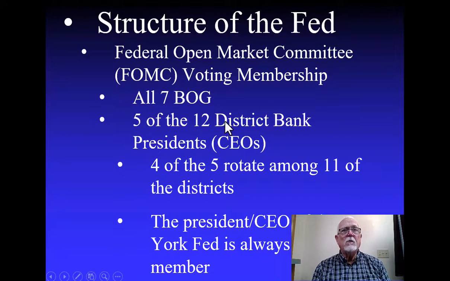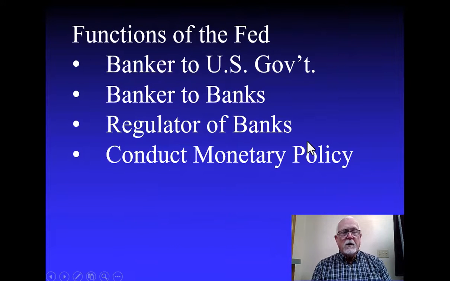One of them, the CEO and president of the New York Fed, is always on it because New York is the financial capital of the United States, if not the world, and so that's in their area. We'll talk more about why they're important later.